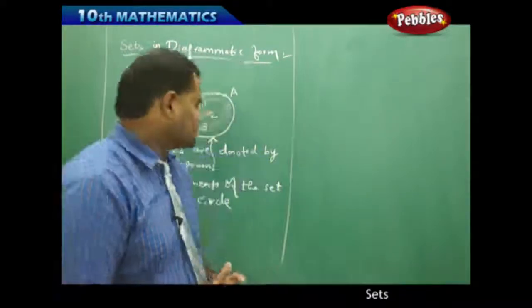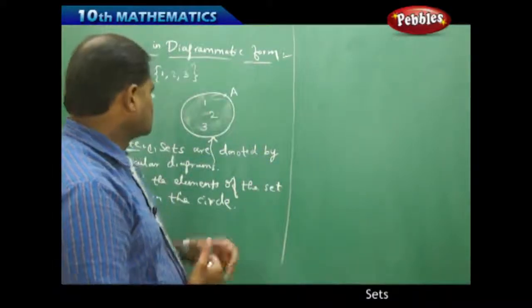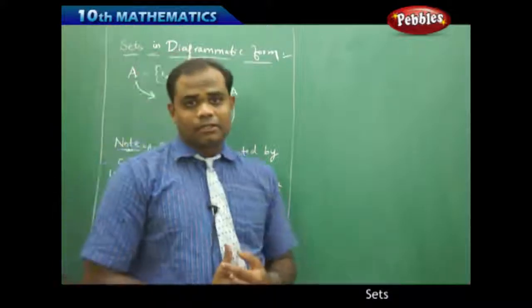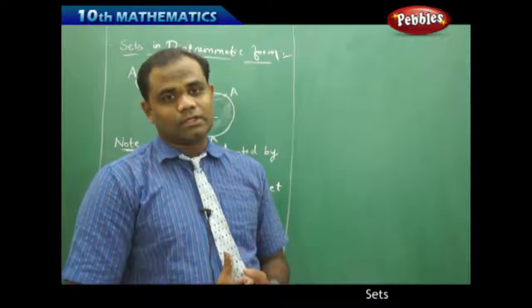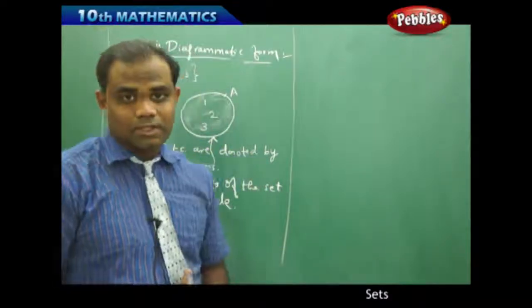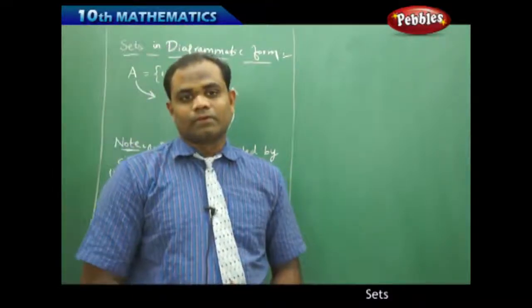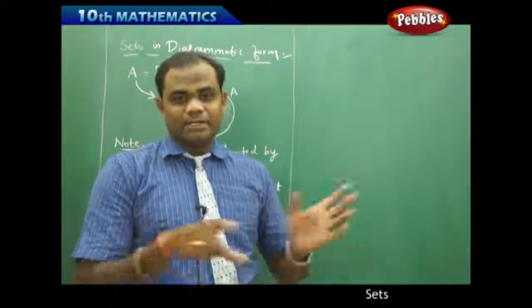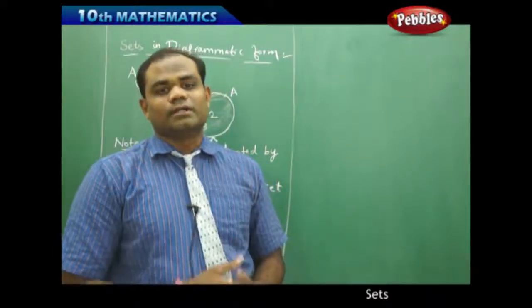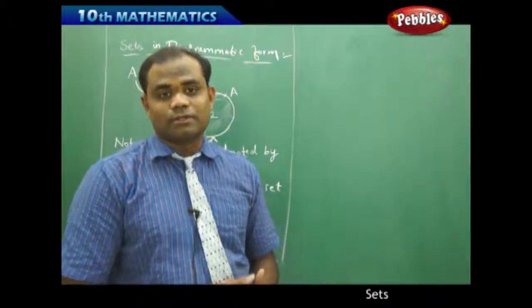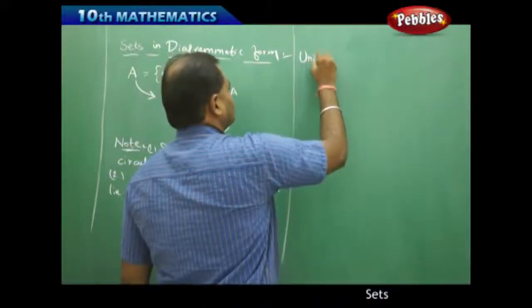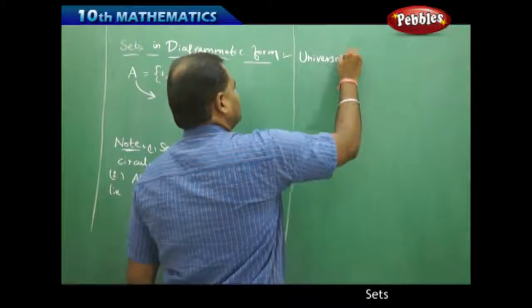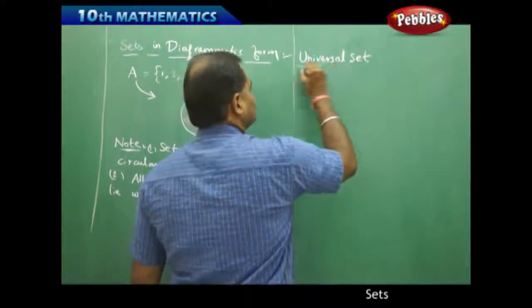Now comes the question of how we understand the infinite set as related to the universal set, because the next concept we are going to discuss is the universal set. For a given problem, the biggest set which we are going to consider in that situation is called the universal set.